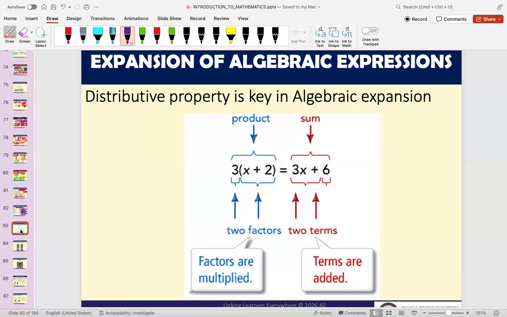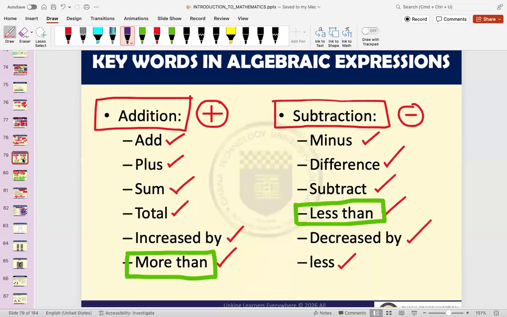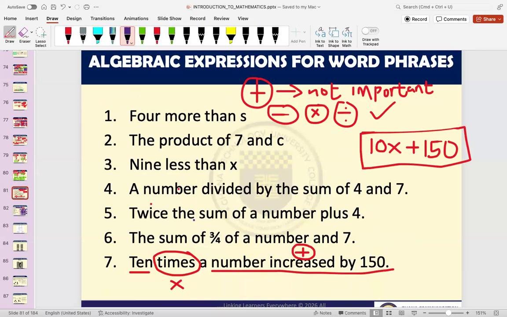There is also expansion. When we were writing the expressions, Abraham drew my attention to this side, that we wrote it wrongly the first time. Twice the sum of a number plus 4.